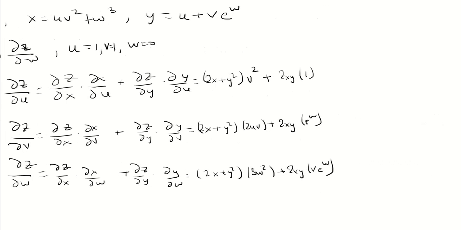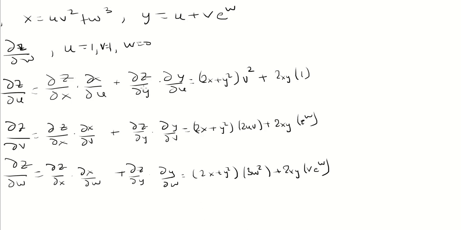So now we want to use the fact that u is 1, v is 1, w is 0. If we solve for x, with u is 1, v is 1, w is 0, we end up with x equaling 1. And then for y, with u is 1, v is 1, w is 0, that's just going to be 2.